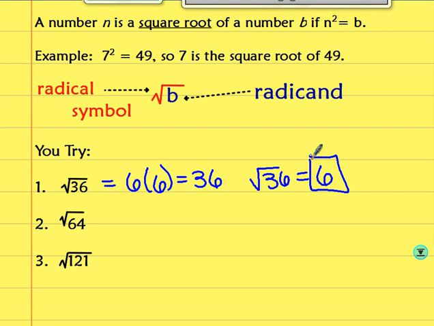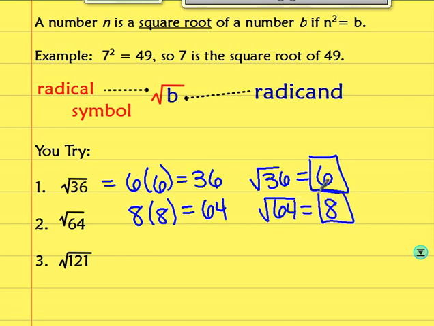We know that 8 times 8 equals 64. Therefore, the square root of 64 is 8. The third example is the square root of 121. 11 times 11 equals 121. Therefore, the square root of 121 is 11.